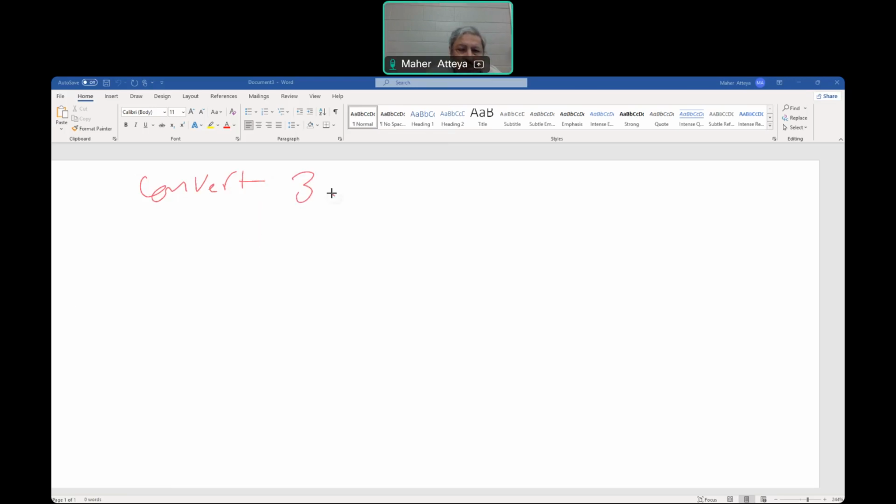Convert 3.50 cm. Meter is the basic unit for length in the metric system, correct? So c is 10 to the minus 2, into miles. Well, this is English and this is metric.